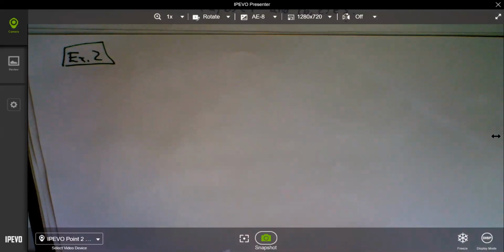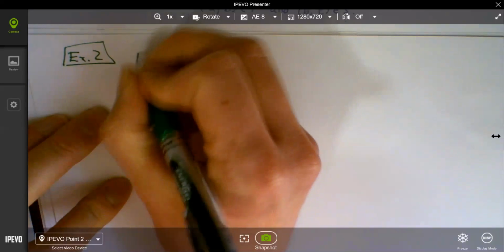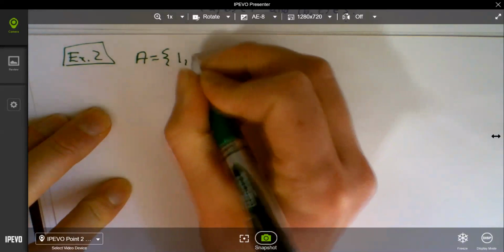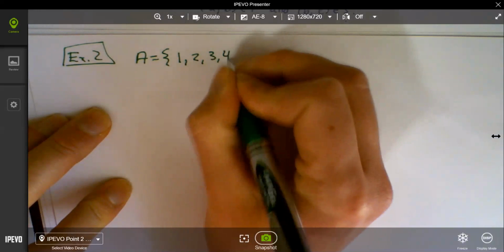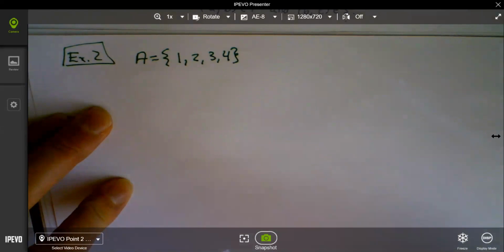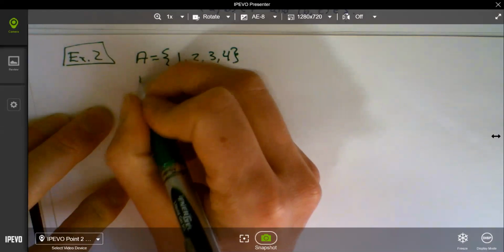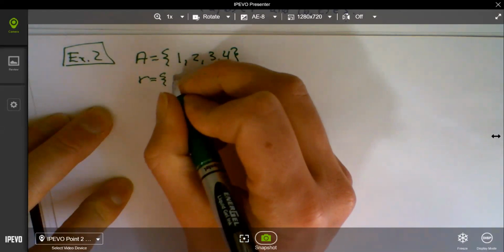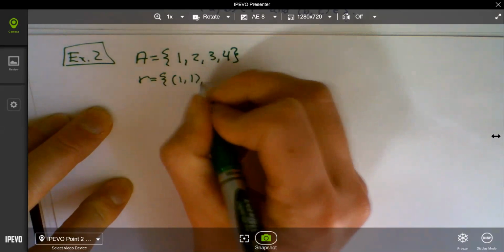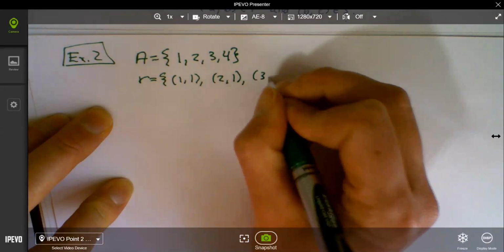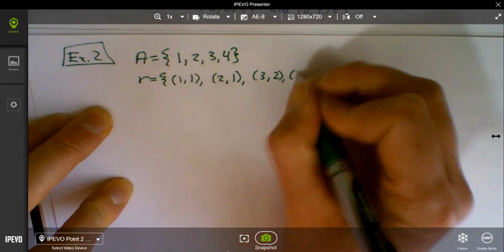All right, so let's consider some set A that contains the elements 1, 2, 3, 4. And our relation R on A is going to be the set containing ordered pairs (1, 1), (2, 1), (3, 2), and (4, 3).